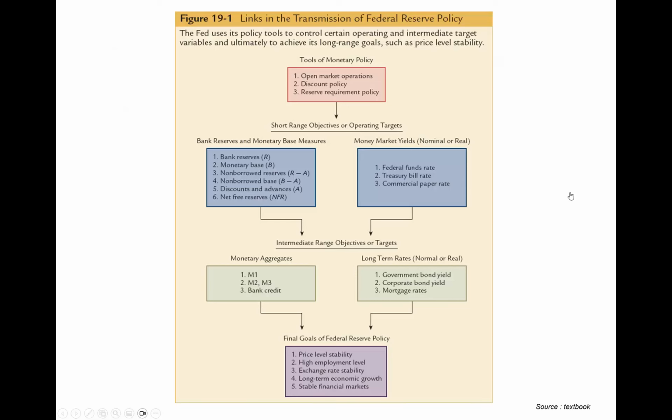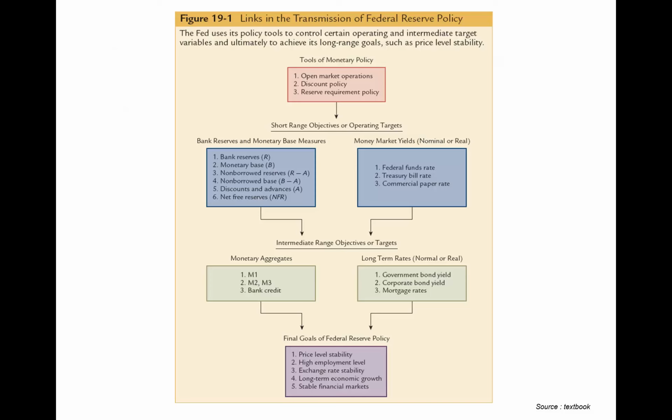Now this is how the Fed, who's on the top, controls the economy, which is at the bottom. So the Fed controls a bunch of dollar-valued accounts, such as bank reserves, the monetary base, which is larger than the bank reserves, non-borrowed reserves, non-borrowed base, discounts, and net free reserves, which are available for lending.